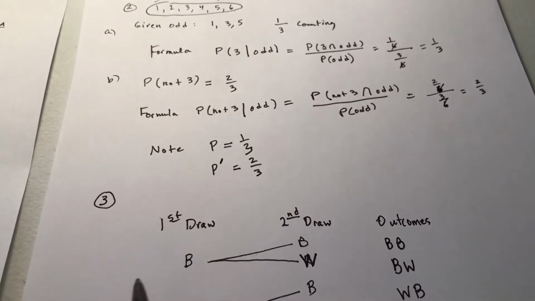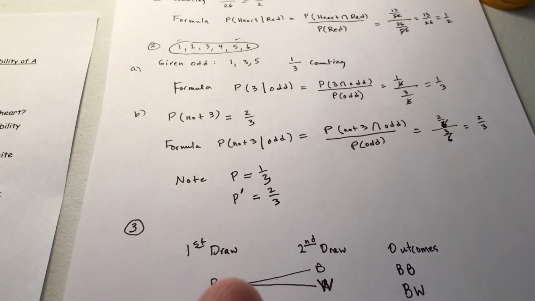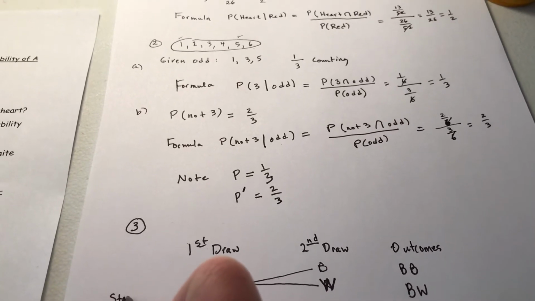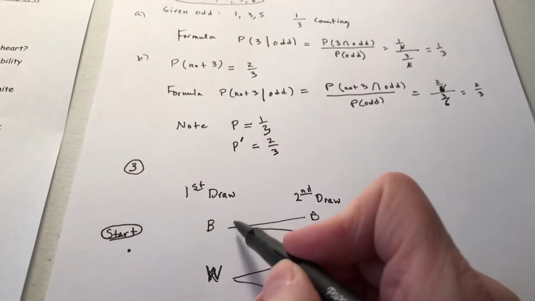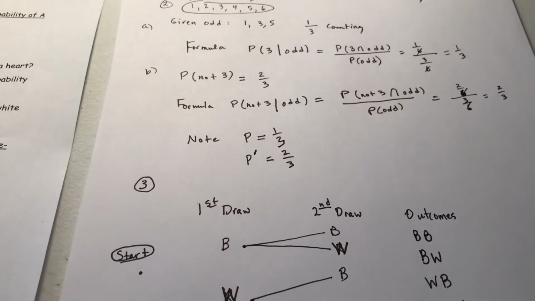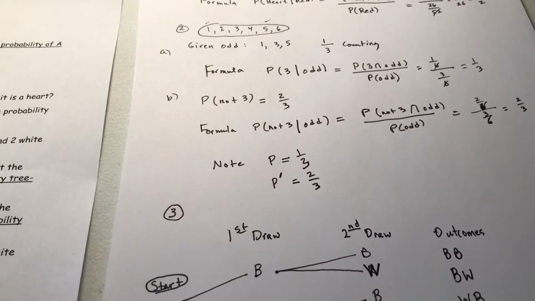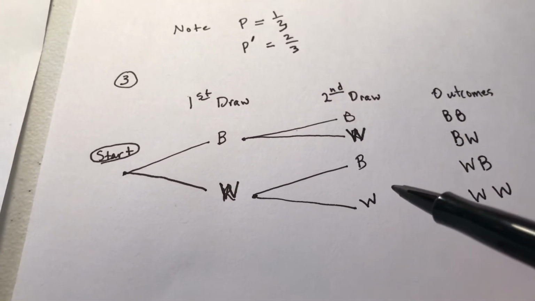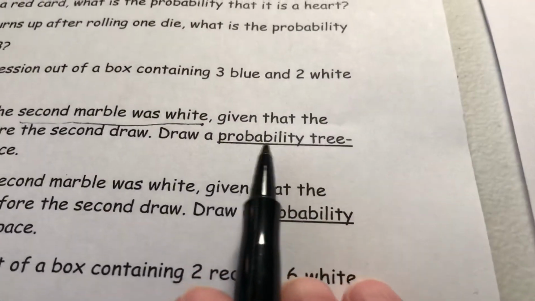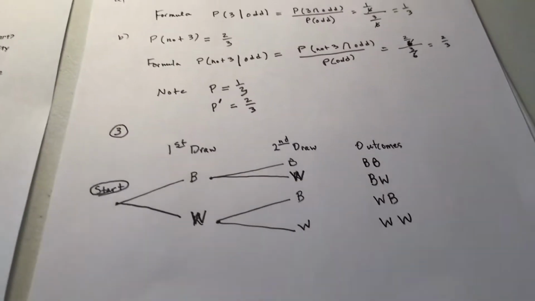I recommend you put a point here for start, with little pointy ends on the branches, and we put the probabilities on the branches. We've done trees, but no probability.